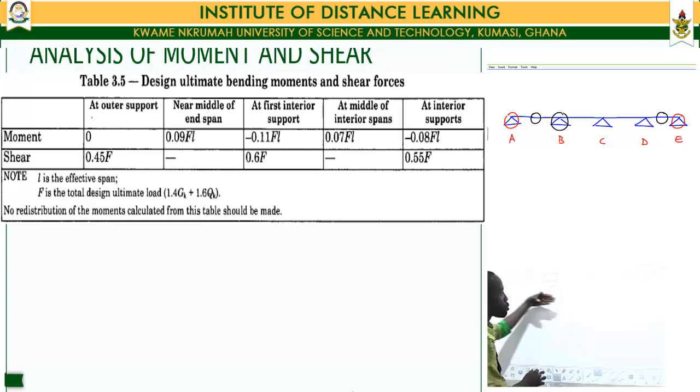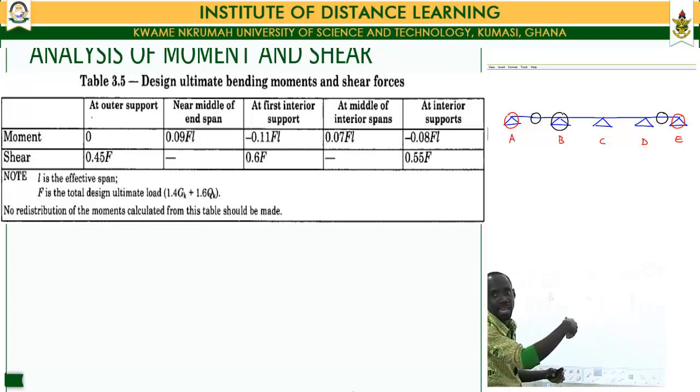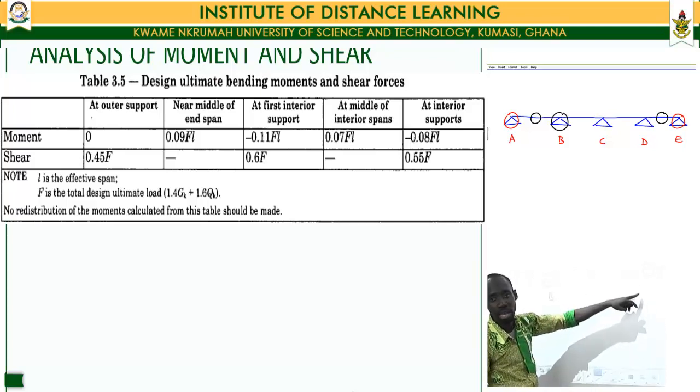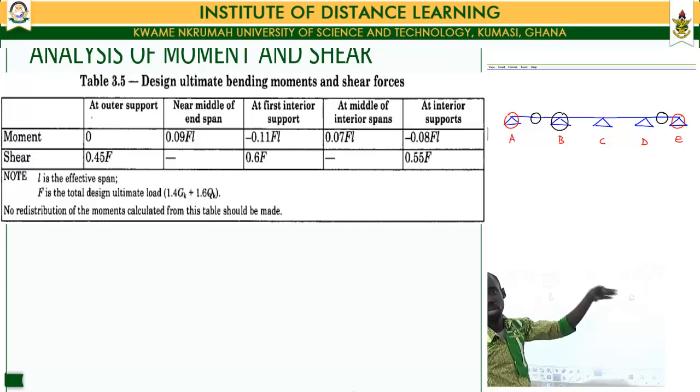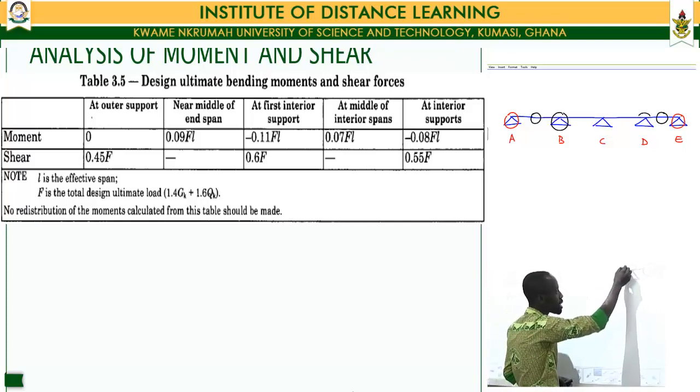Now, if I start from the other side, which is the E side, the first support that I'm going to encounter is my support at D. So coming from E, my first interior support becomes my support at D.